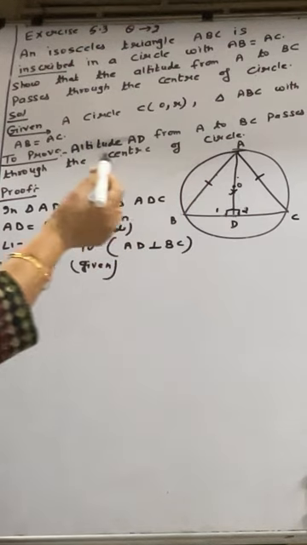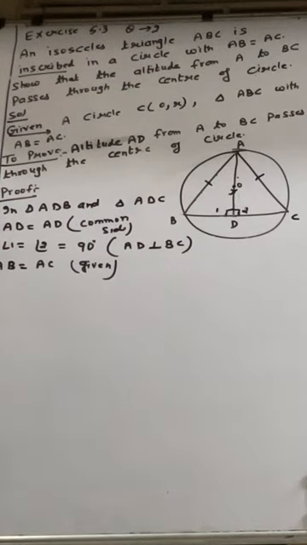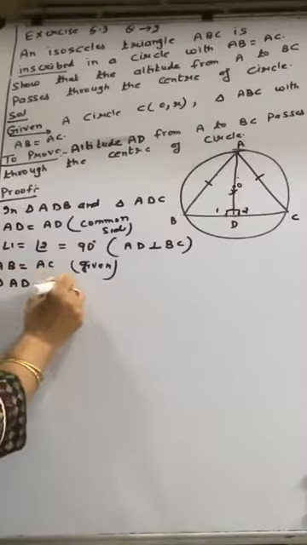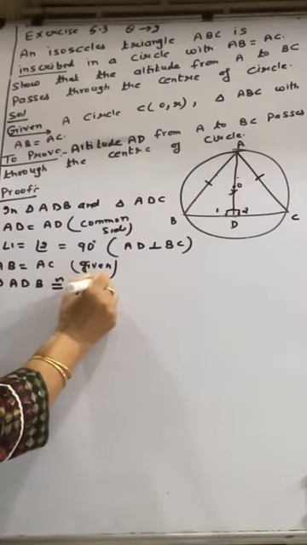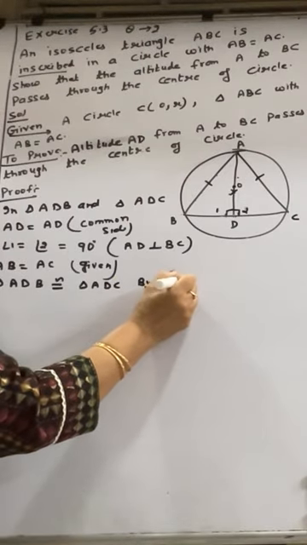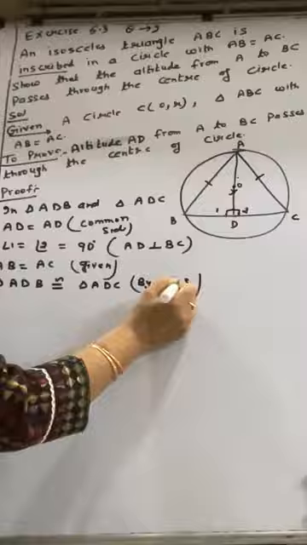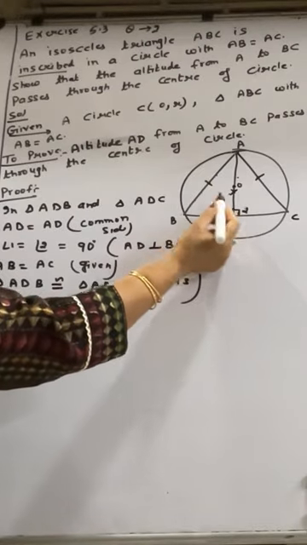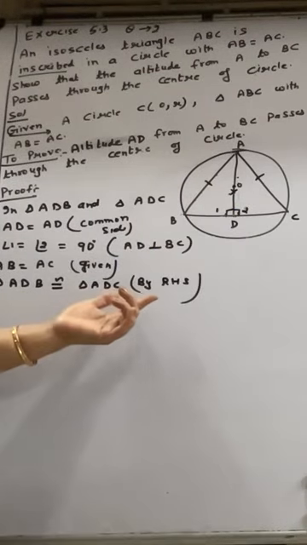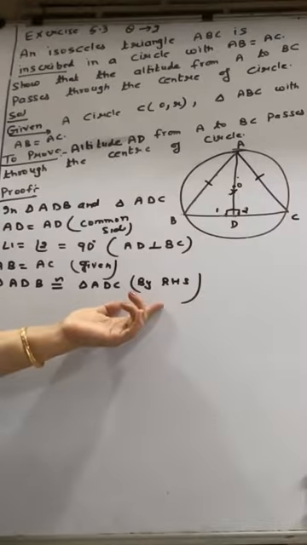And this is one more side of the triangle. So what is the congruency? Triangle ADB is congruent to triangle ADC by RHS. What is the name of the congruency? Right angle, hypotenuse, side, right? So the congruency is RHS. These two triangles are congruent.